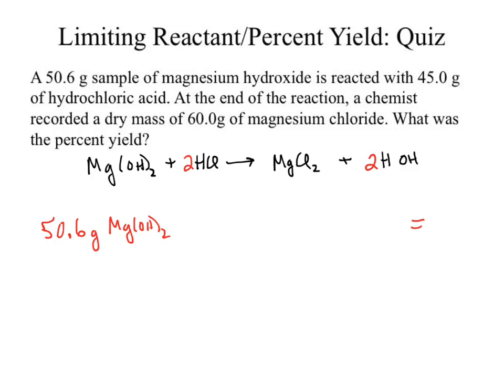Is that the end goal? If I'm trying to determine an actual or a theoretical yield, it's a theoretical yield of what? Magnesium chloride. So I could break this up into each of the individual steps, but if I don't have to, why bother? So I want to go to my yield of magnesium chloride.